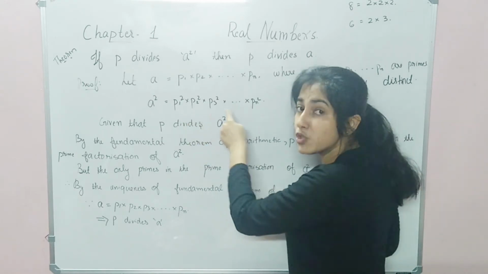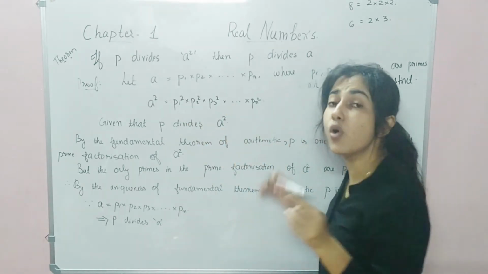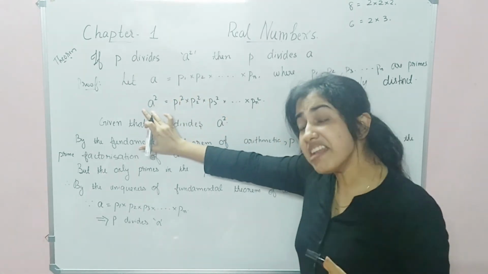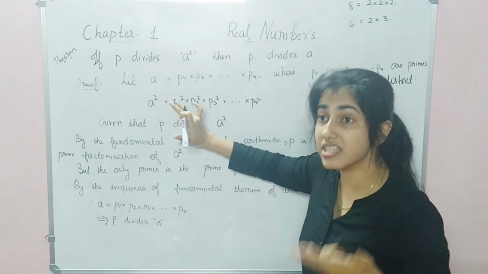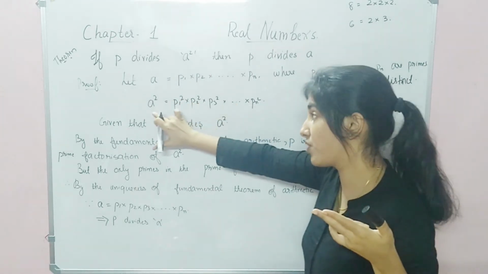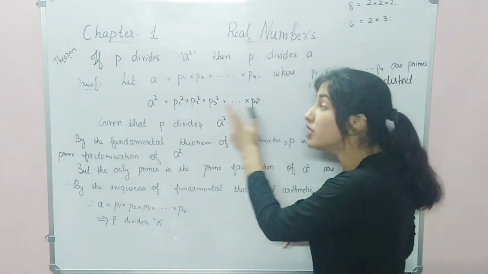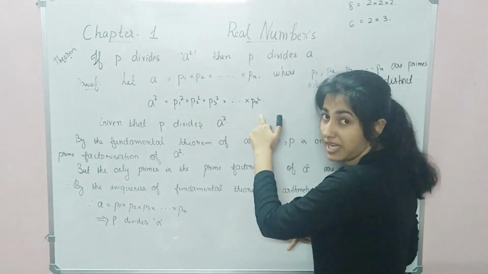If P1, P2, P3, etc. Pn are the only primes in the prime factorization of A square, and if we say P is also a prime factor involved in the prime factorization of A square, P should be one among these primes.